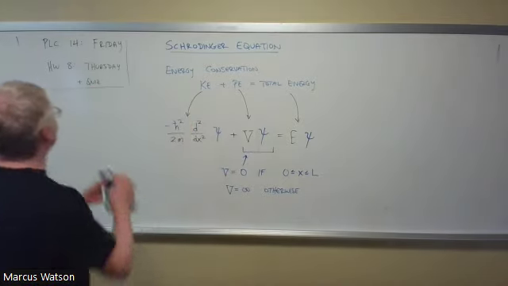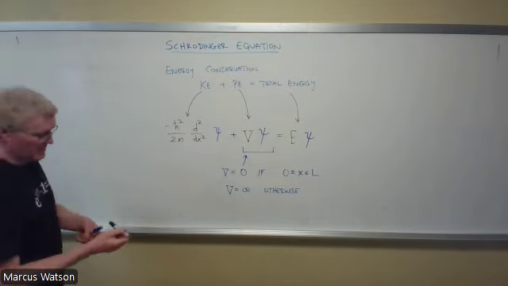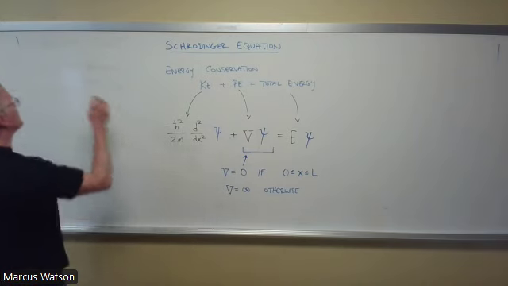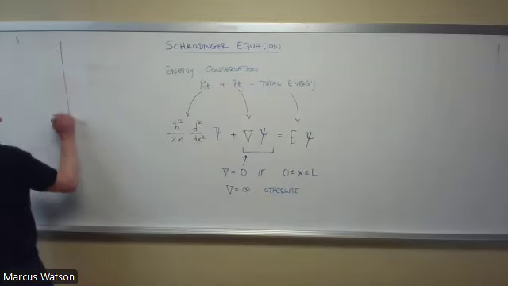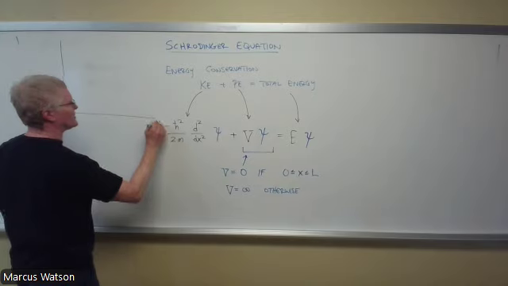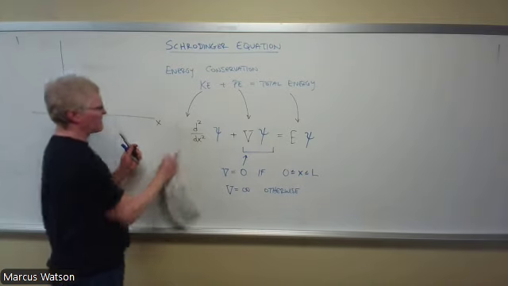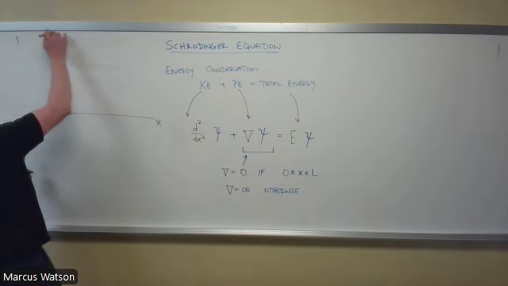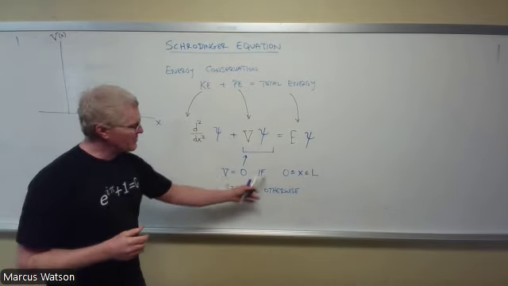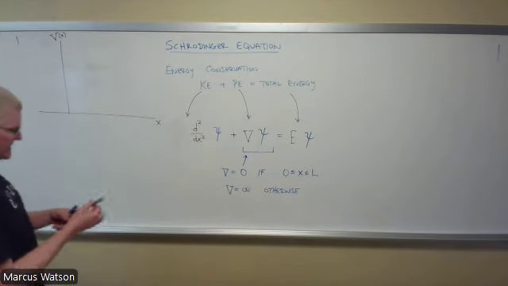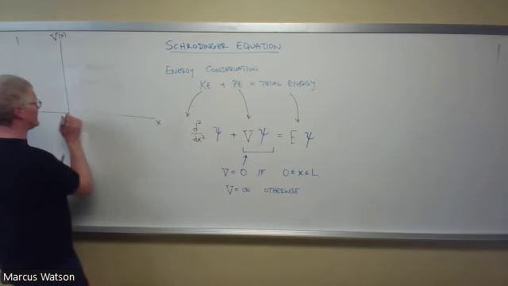What does that look like? Well, if I were to graph this potential, what I would see is something that looks like this. I'm going to graph x here, and I'm going to graph V as a function of x here. And if V is 0 between 0 and L on the x-axis, then that means between here and here.